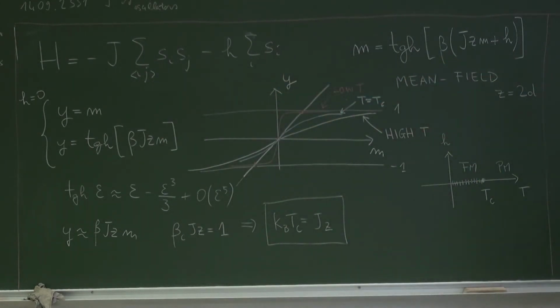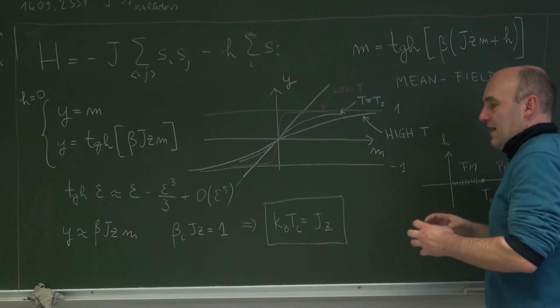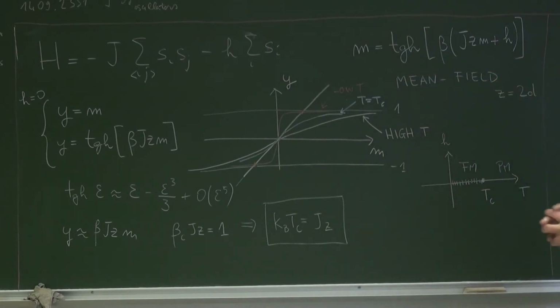We treated that in this Bogoliubov approximation. What we are doing is treating this interacting part as if every spin were interacting with an average number of spins surrounding it. That's why it's called a mean field approximation.